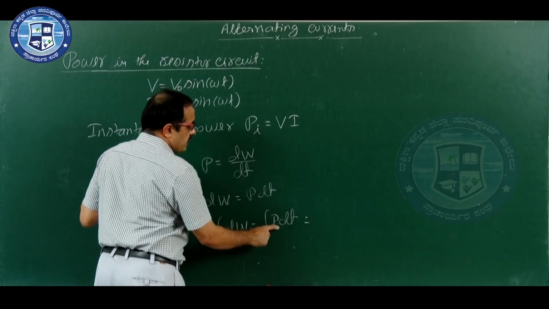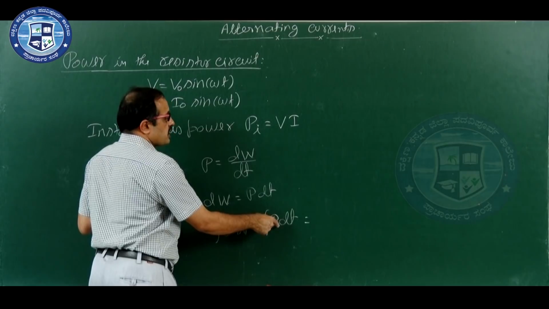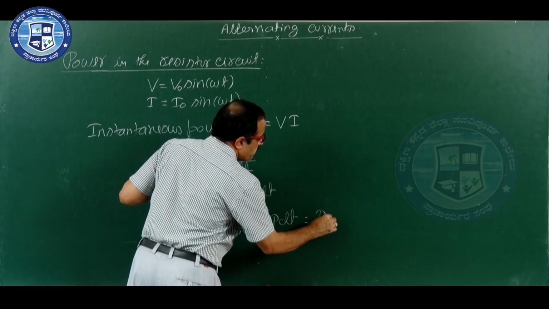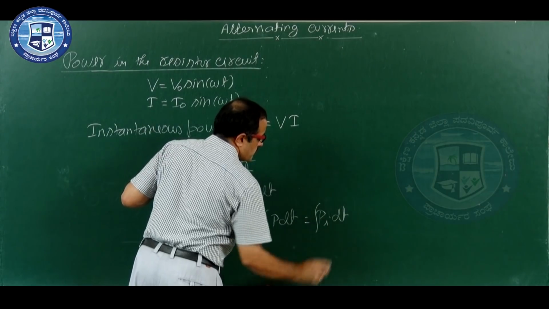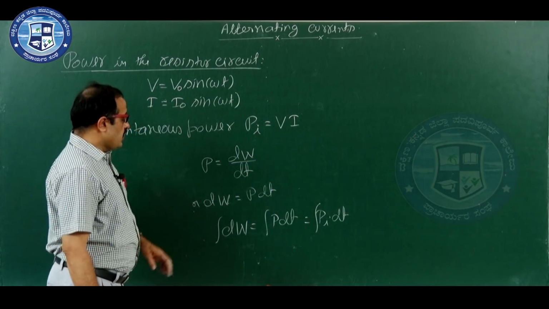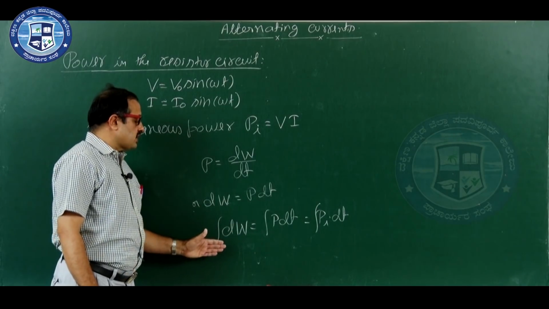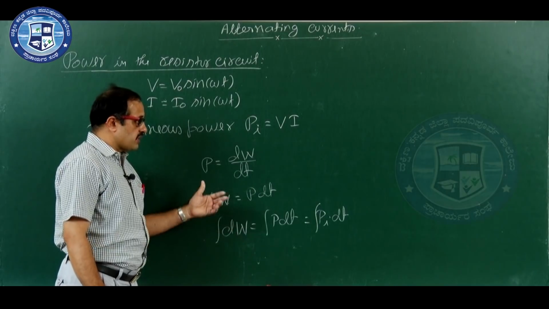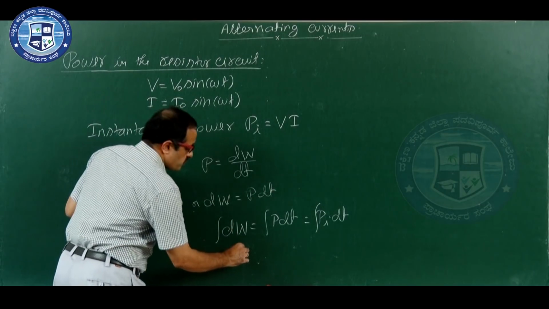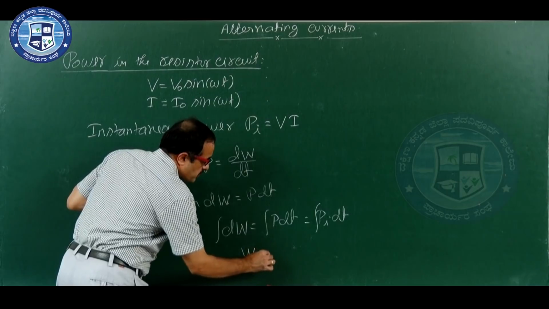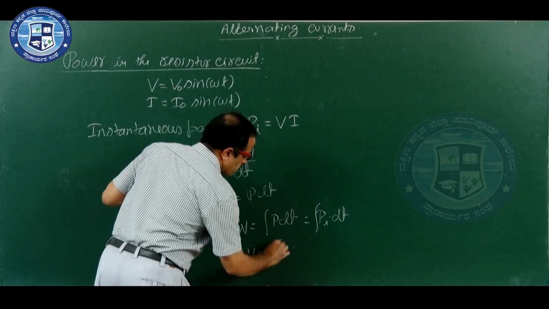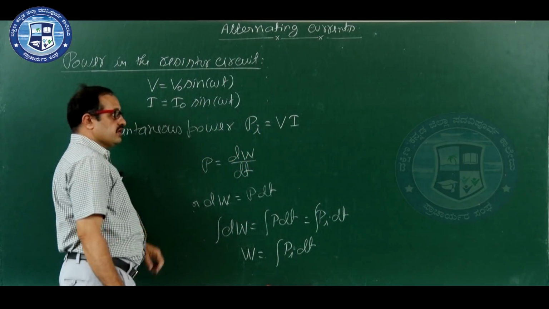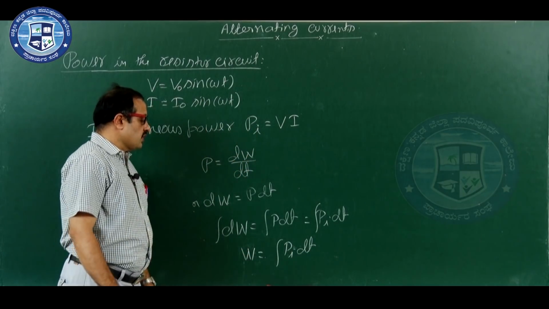P means power at the given time. Therefore, in this case, instead of writing P, you write Pi into dt. If you integrate, we get total energy consumed or total work done. Therefore, W is equal to integration of instantaneous power into dt. This already know in first PU.